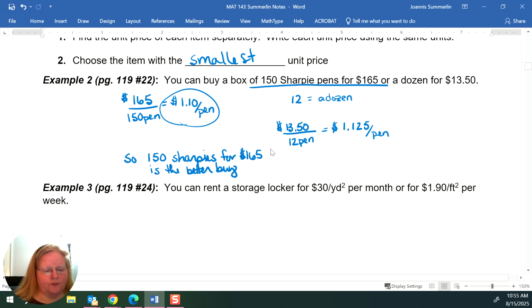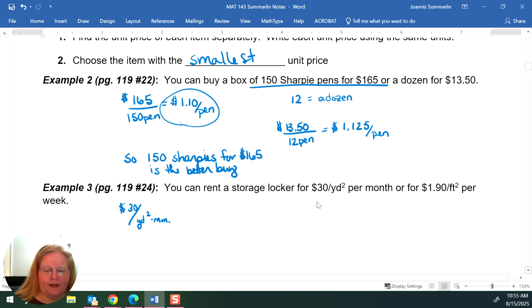You can rent a storage locker for $30 per yard square per month, or for $1.90 per foot square per week. So when you do it for $30 per yard squared per month, you have to put the month on the bottom because it's per, so it goes on the bottom.